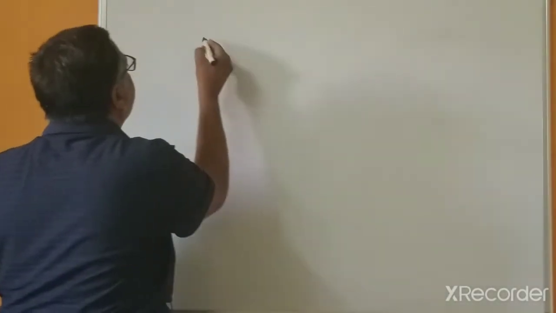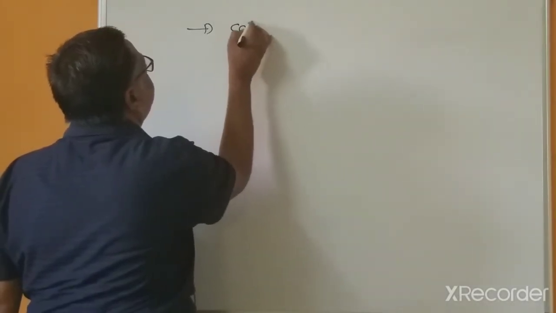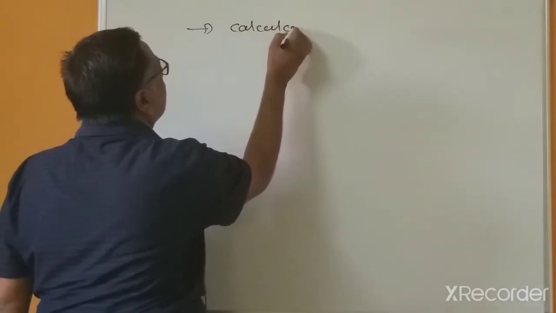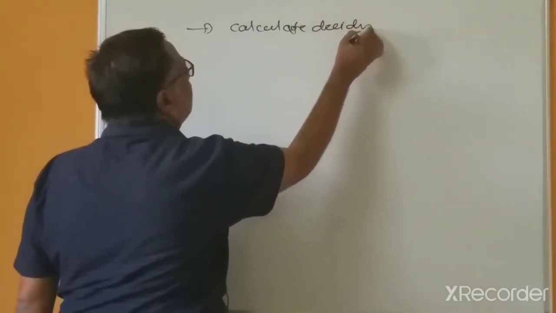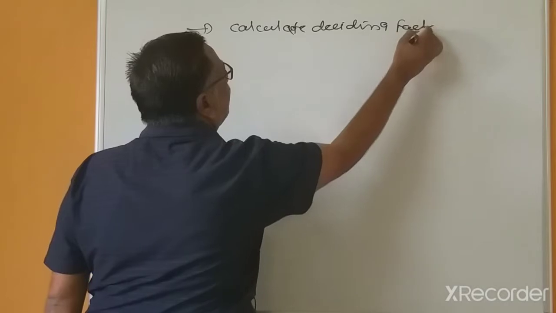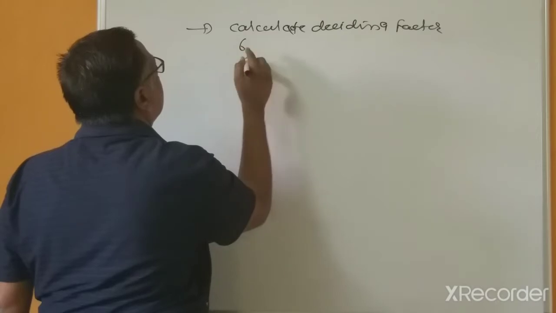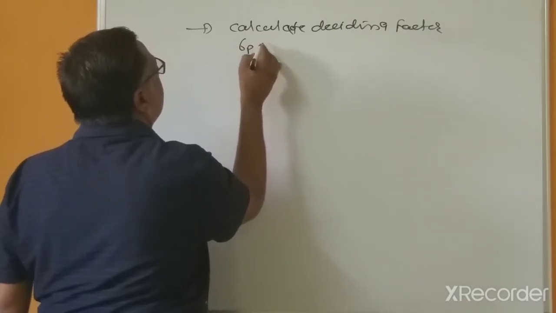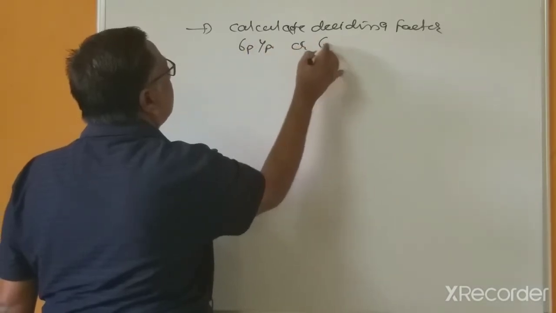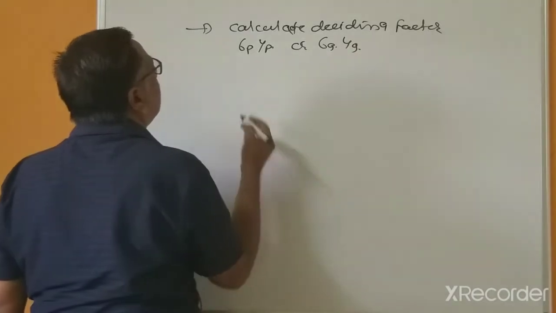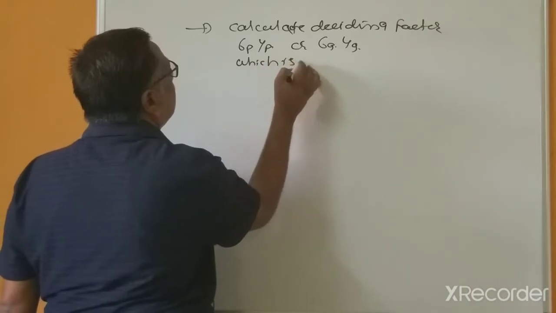So, first step: calculate the deciding factor. The deciding factor is sigma p Yp or sigma g Yg, whichever is smaller.